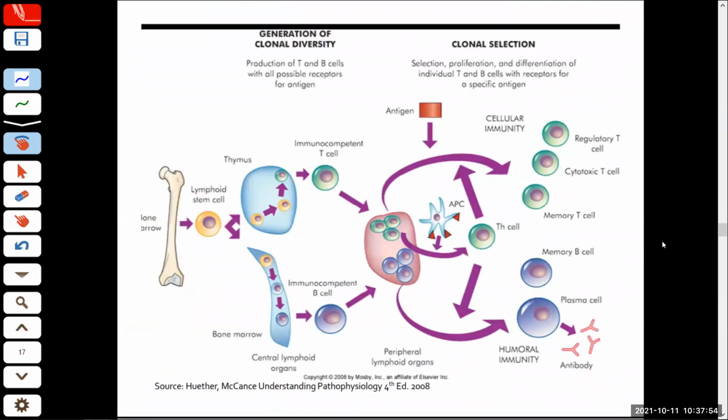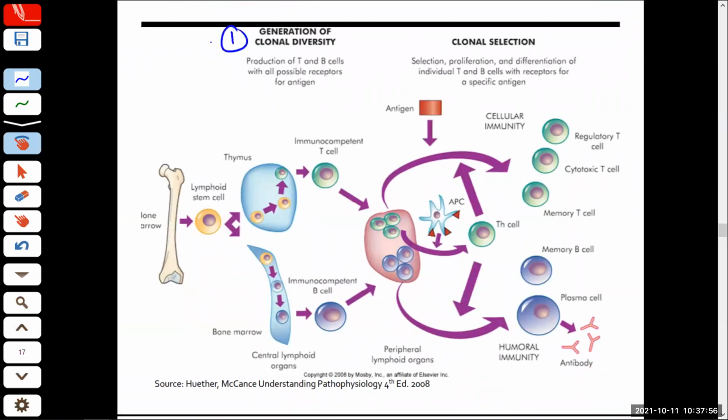So nice little picture here. Step one, clonal diversity. So the whole idea, again, is to make as many different immunocompetent cells as possible. Okay, now how do we make immunocompetent cells? They come from your bone marrow. What I mean by immunocompetent, let me just define it here.